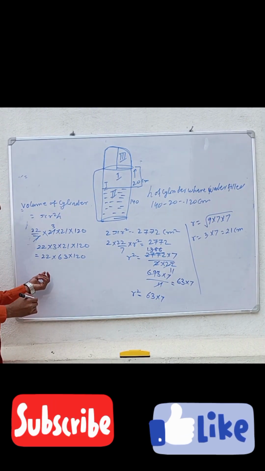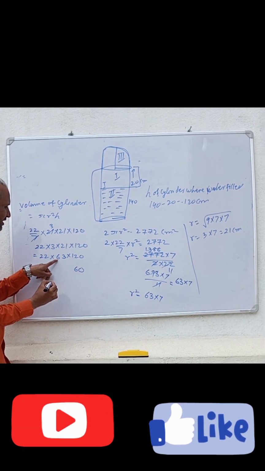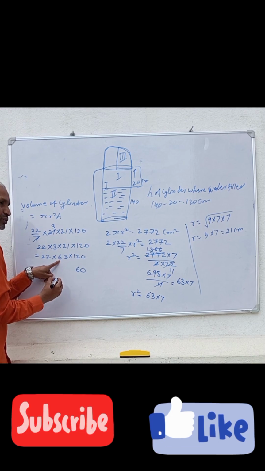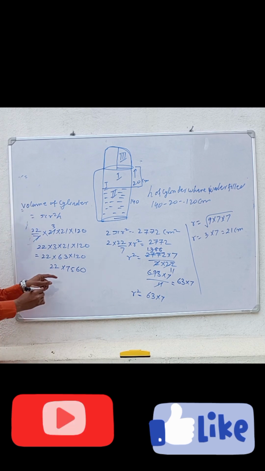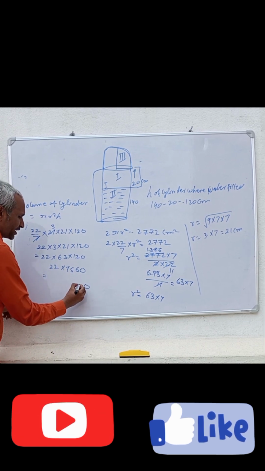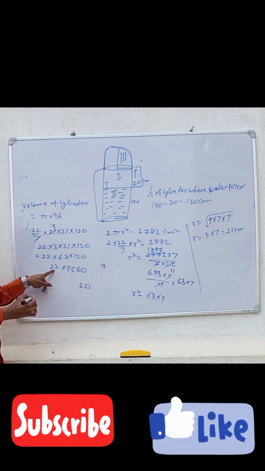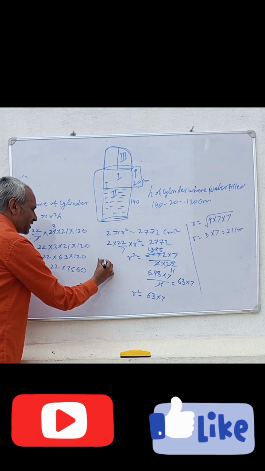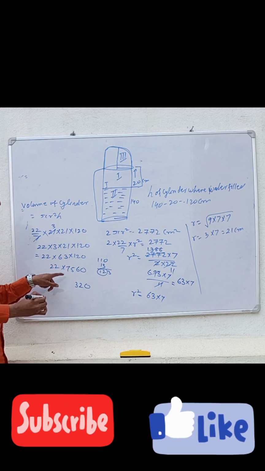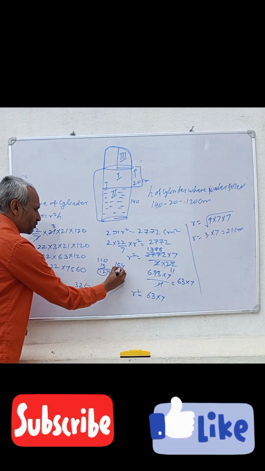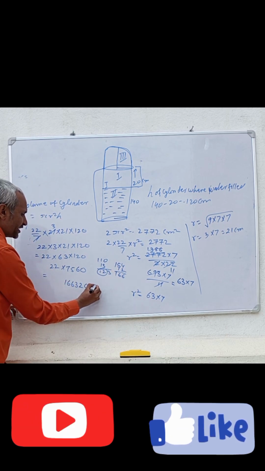Now multiplying this way: 0 kept, 12 threes are 36, 3 carry, 12 sixes are 72 plus 3 is 75, into 22. Multiplying these numbers also, we get the answer in centimeter cube.